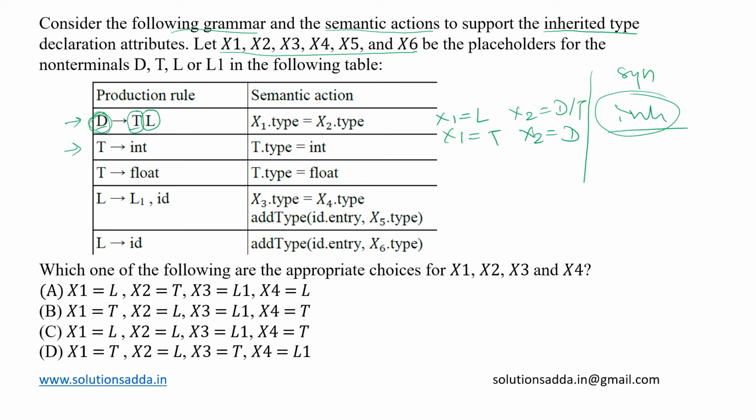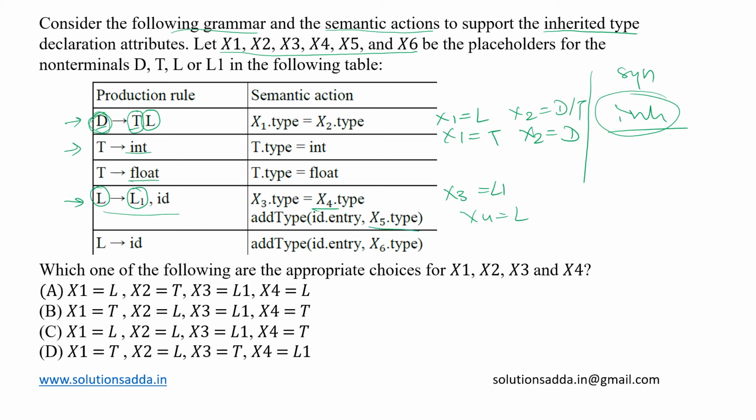Now looking over here, we have no unknown. T has the type int, T has the type float. Now over here, x3.type equal to x4.type. So here only one possibility is there, that this L1 is deriving the type from its parent L. So this x3 can be L1, which is inheriting the type from its parent, which means x4 has to be L. So that is the only possibility over here.